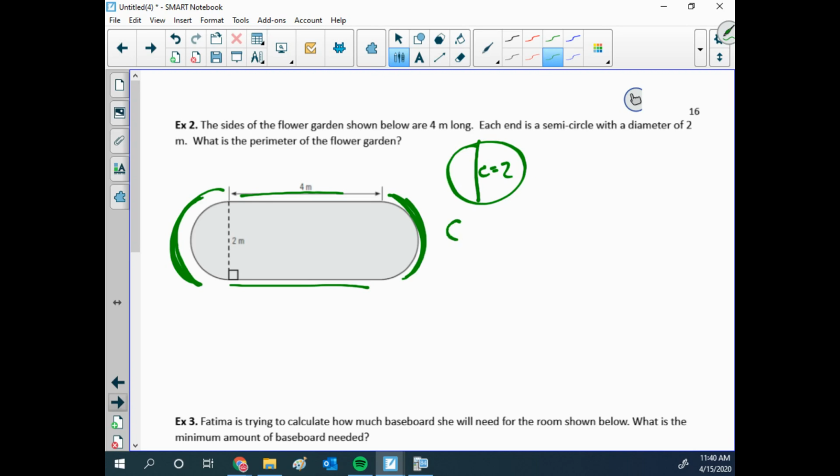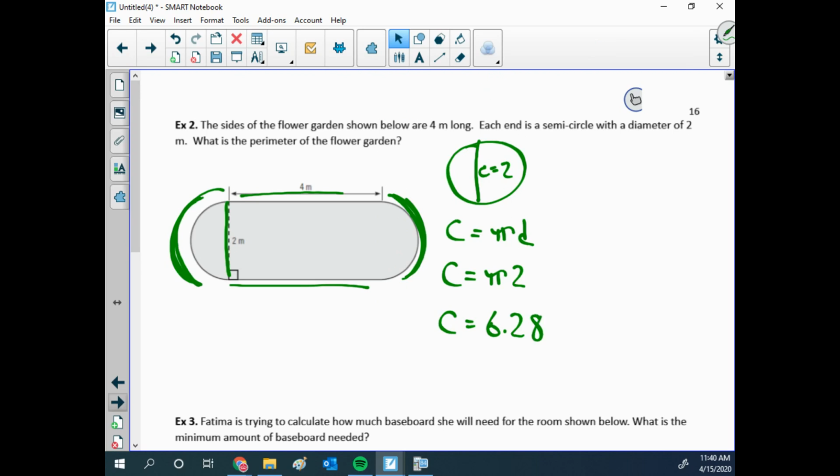Circumference is equal to pi times d. So the circumference of a circle is pi times the diameter of both of these, because I put them together. The diameter is going to be 2. So 3.14 times 2, the circumference or the perimeter of the semicircles altogether is 6.28.